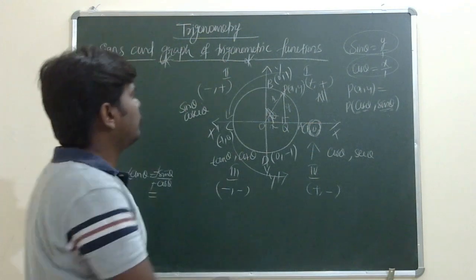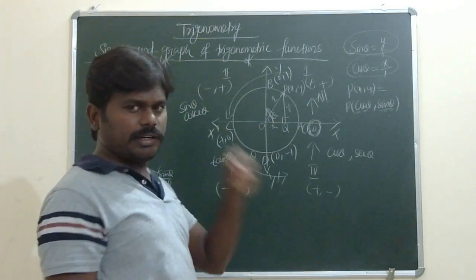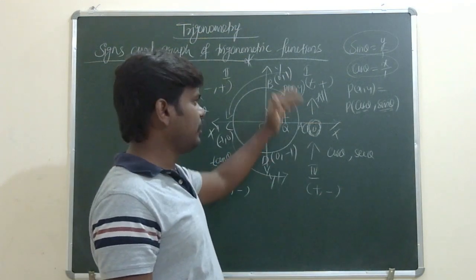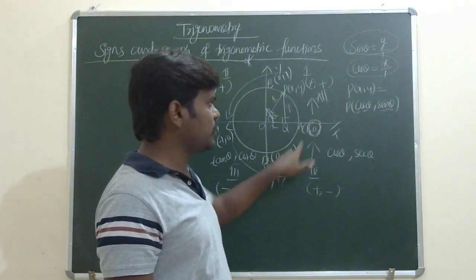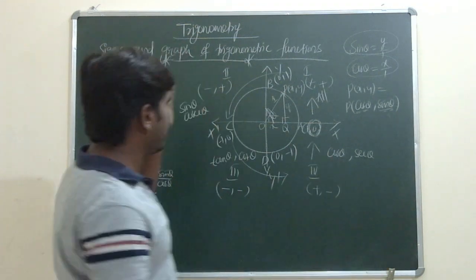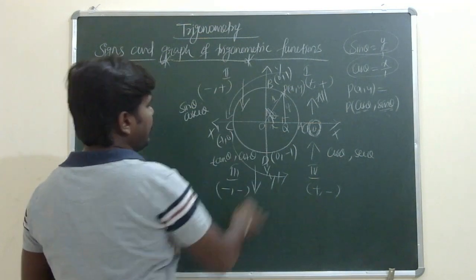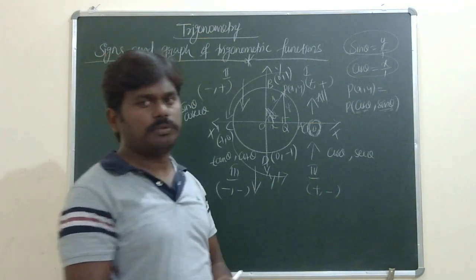So in the first quadrant sin theta increases when theta increases, and in the fourth quadrant too, minus 1 to 0 means it is increasing. But in the second and third quadrants the sin function decreases when theta increases. That we can observe.